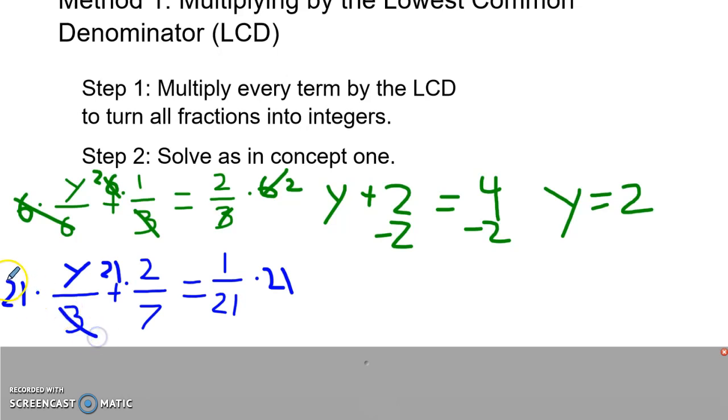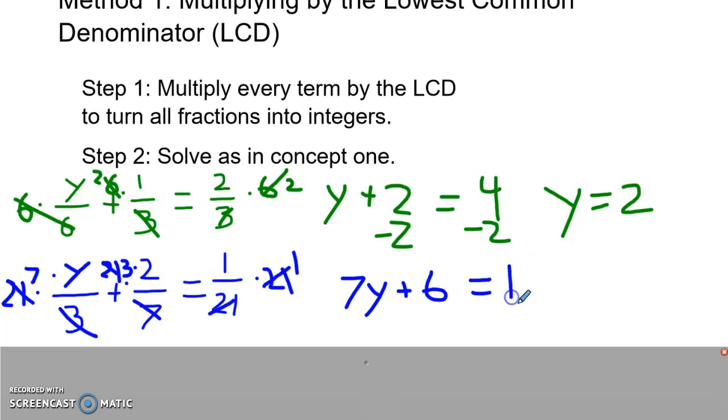And we can take the 3 out of there. 3 divided by 21 is 7. 21 divided by 7 is 3. And then 21 and 21 is going to be 1. So we have 7 times y, or 7y, plus 3 times 2, plus 6, and then equals 1.